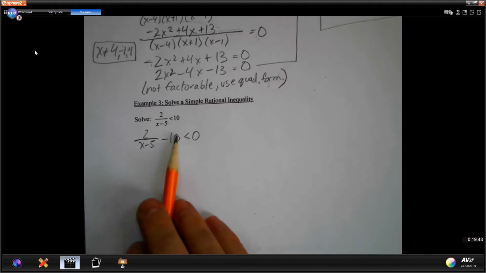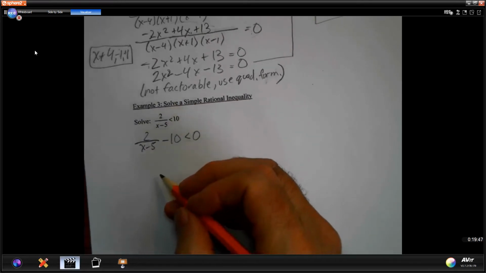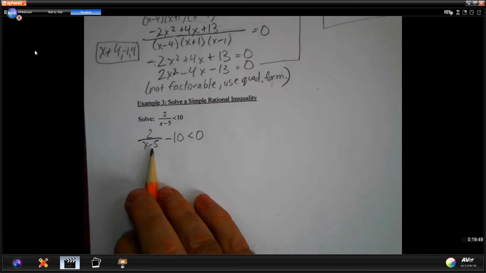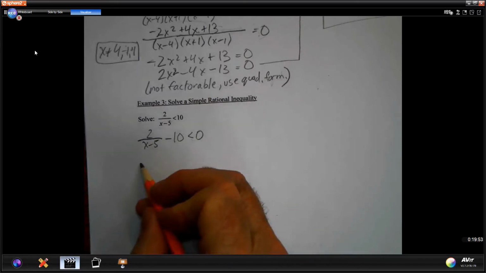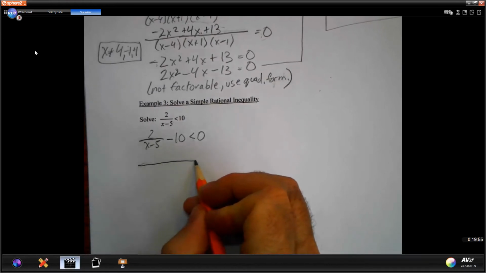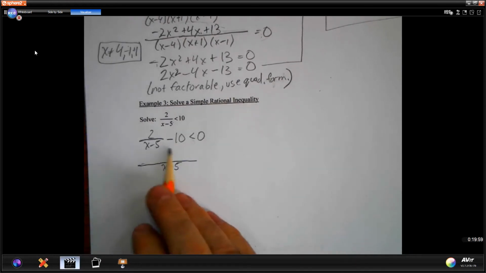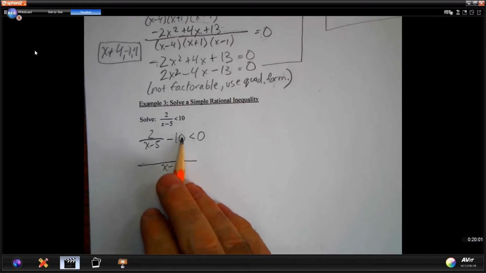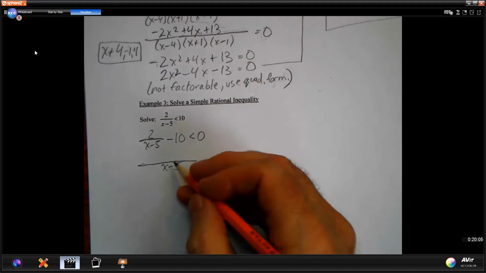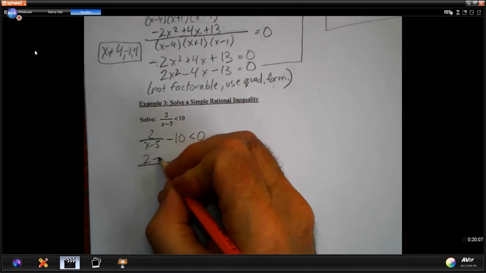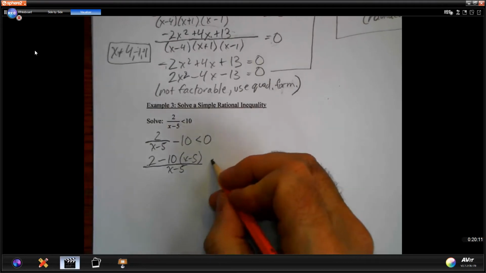But now what we want to do is combine these two terms into one term. So again, I've only got one rational expression with an x minus 5. So when I combine, it basically means my denominator will be x minus 5. So I'm going to have to multiply the top and bottom of negative 10 over 1 by x minus 5. So that's going to be 2 minus 10 times x minus 5 over x minus 5 is less than 0.